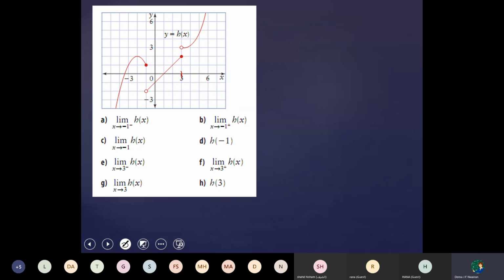As an example, if we have 3, the limit of x when x approaches 3 from the right, we look at the right side and say that the answer is 3. So here we talk about limits when x approaches a point and the answer is a point.